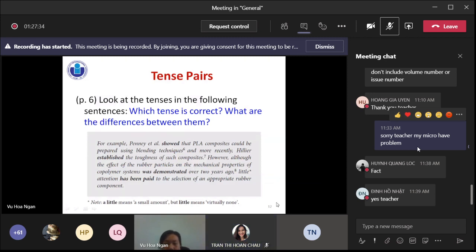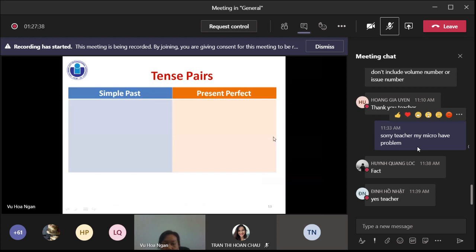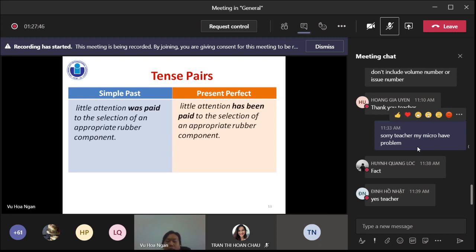Okay, thank you very much. Now let's see. Now we are looking at simple past and present perfect tense. All right. So, simple past over here. Wong has said it should be changed to past perfect. Past perfect is too far, right?